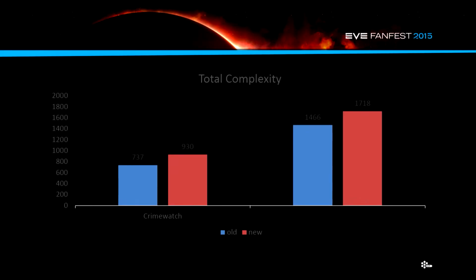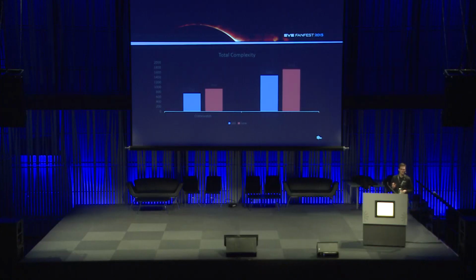But like I said, total complexity doesn't really matter in this case, because the new crime watch has a lot more features, lots more bells and whistles, including the combat timers and stuff like that. Same goes for industry, but the industry stuff also has some static data manipulation that wasn't part of the industry system in the old code.